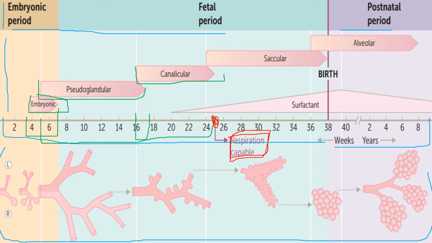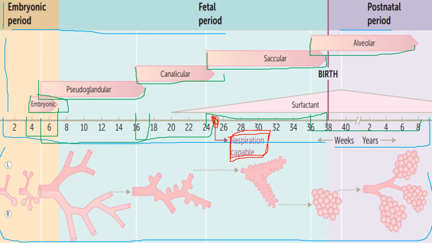Now the saccular stage, it lasts from week 24 to the 38th week, or up to the birth. After that, the alveolar stage, it lasts from week 36 to nearly after birth up to the 8 years.